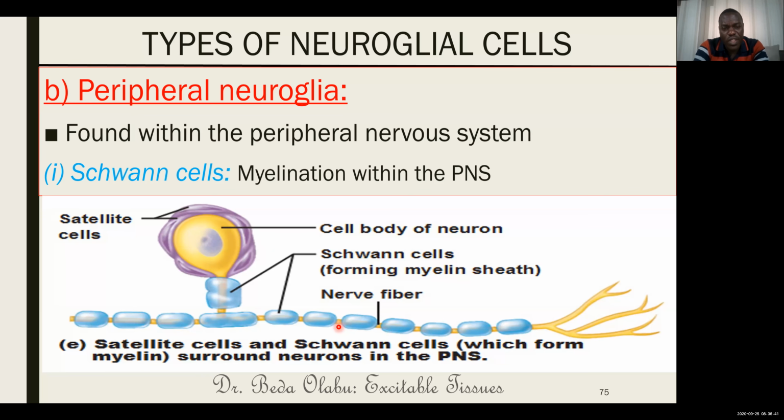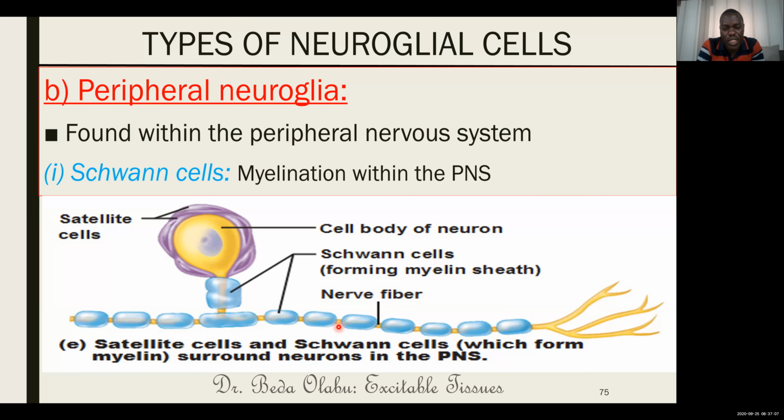The third difference in terms of central and peripheral myelination is more about the type of proteins within the myelin sheath. Let me just keep it simple and say that the type of proteins that constitute the myelin sheath, well, the myelin sheath is actually lipid largely, but there's some proteins within this lipid.